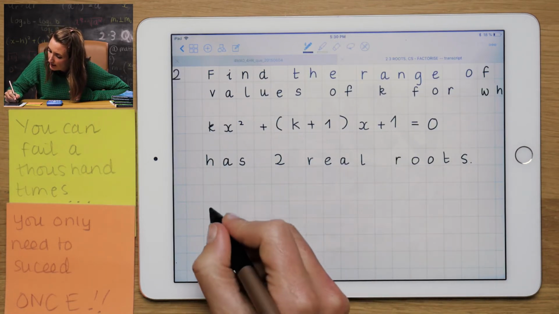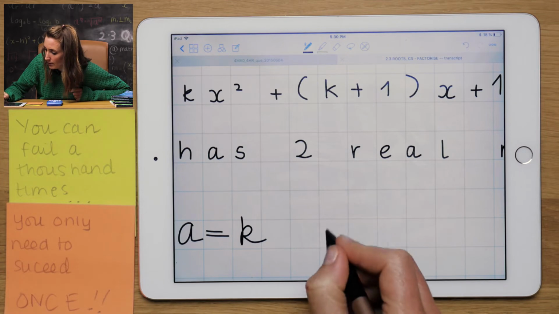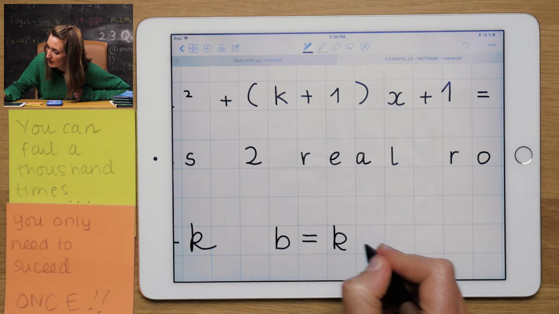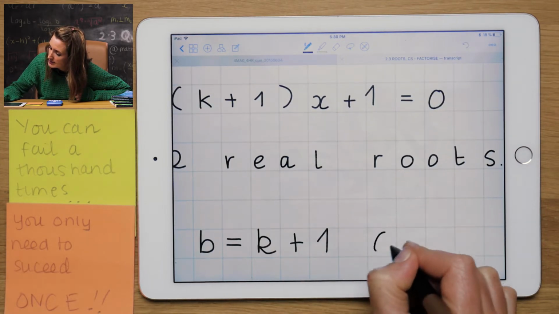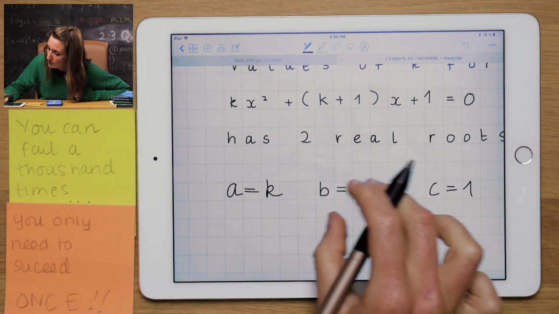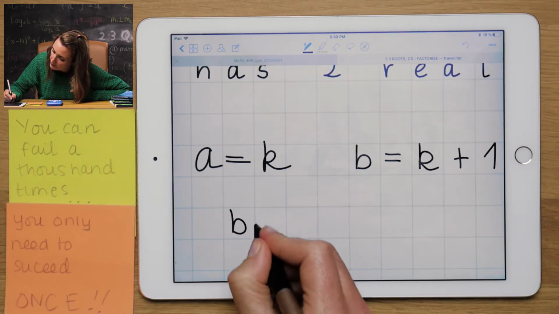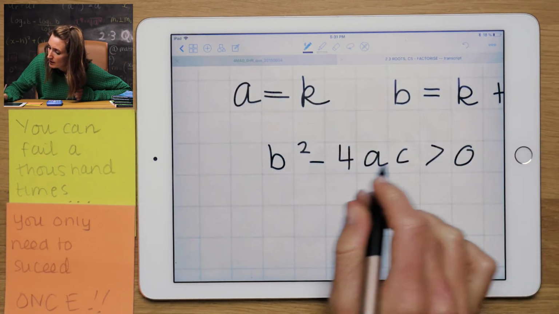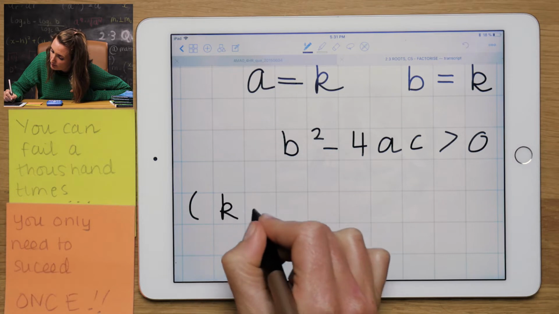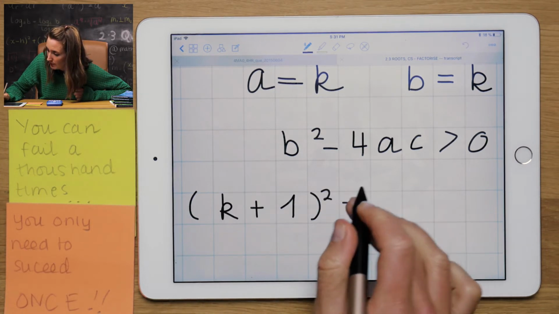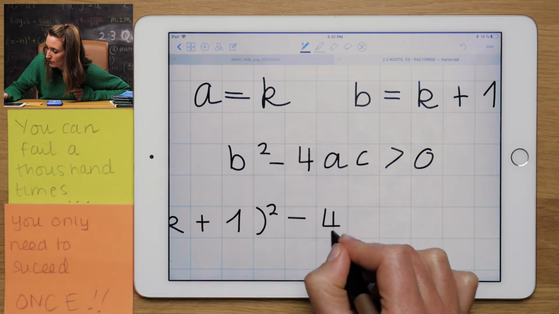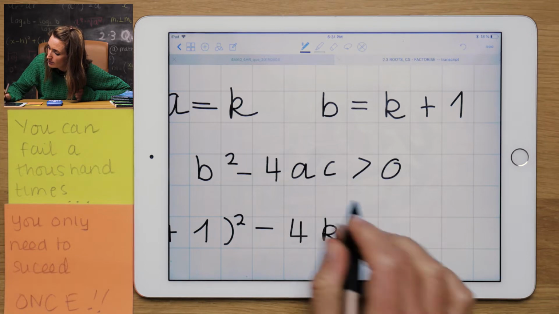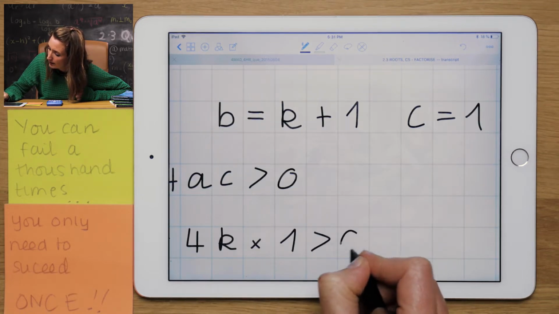The a in front of the x squared, a is k. b is what's in front of the x, the coefficient of the x, k plus 1, and c is 1. So for two real roots, we're going to substitute that into the formula b squared minus 4ac bigger than 0. b squared is k plus 1 squared minus 4 times a, which is k, times c, which is 1, bigger than 0.